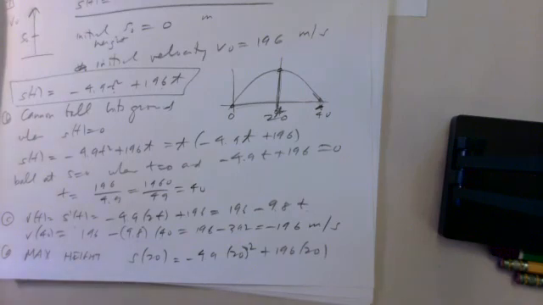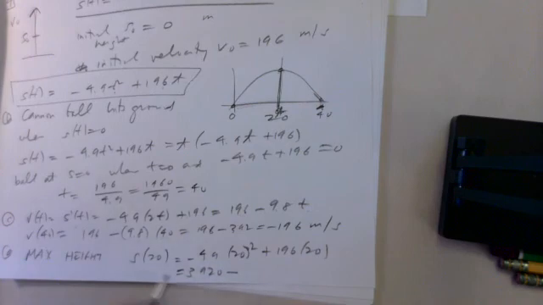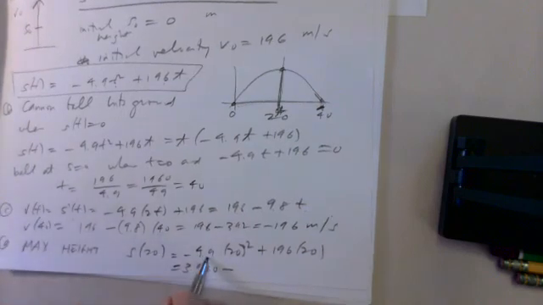So if you do the arithmetic, let's see, 196 times 20 is 3,920, minus 4.9 times 20 squared. 20 squared is 400.